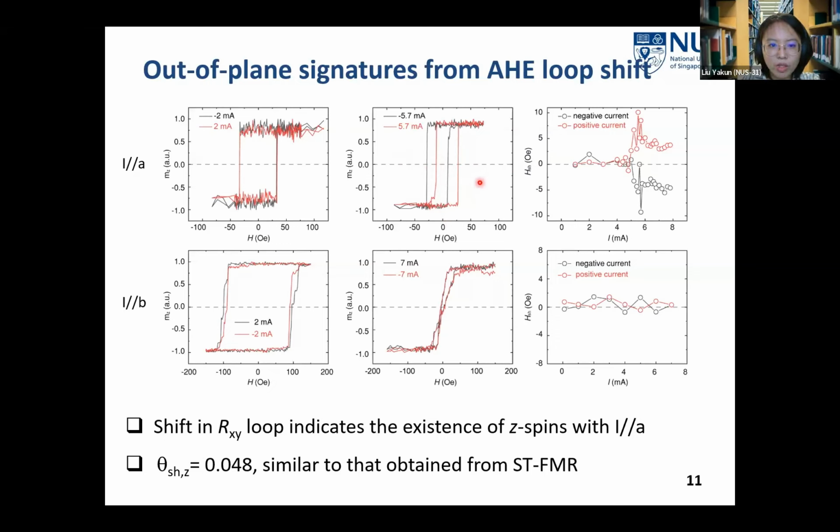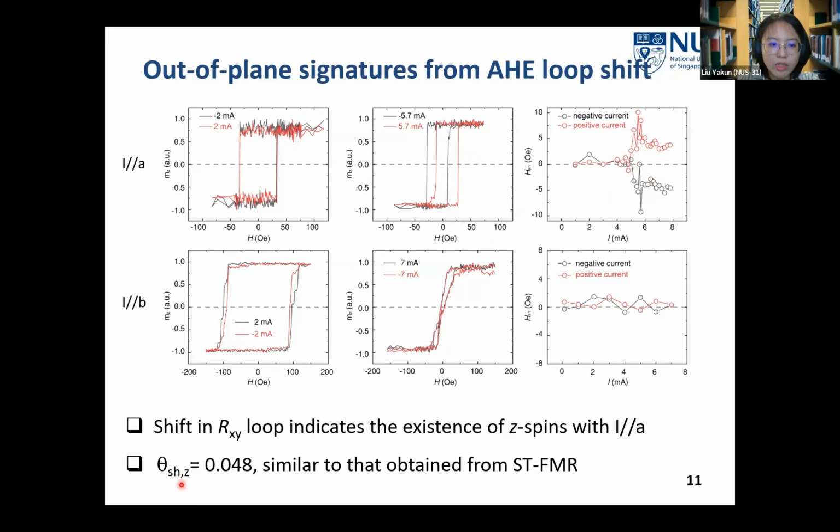In contrast, when the current is flowing along the b axis, there is no loop shift at all. You can see that the red and the black lines almost overlap. Based on this, we know that this loop shift is generated by this beam. So we also tried to extract the beam Hall angle, which can be understood as the efficiency of this beam generation.